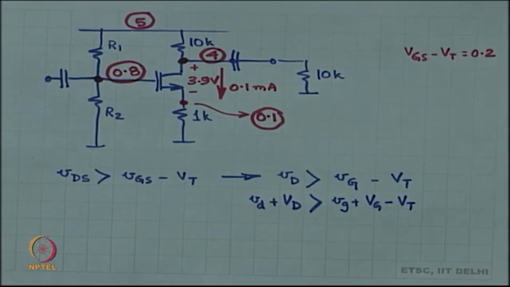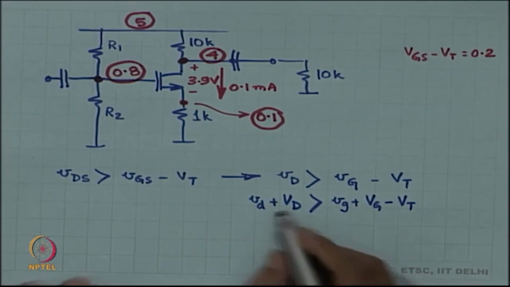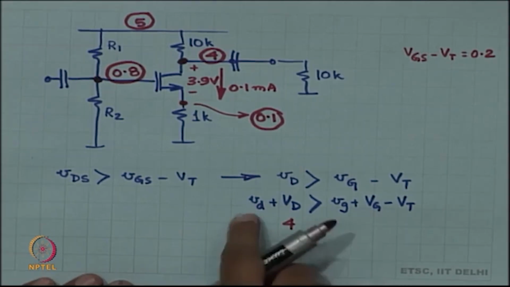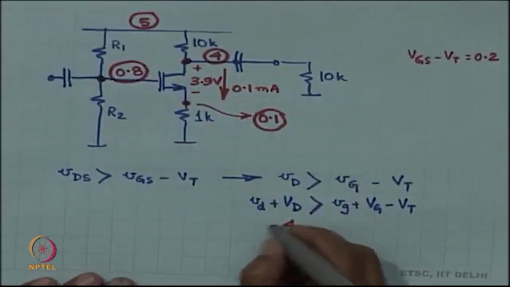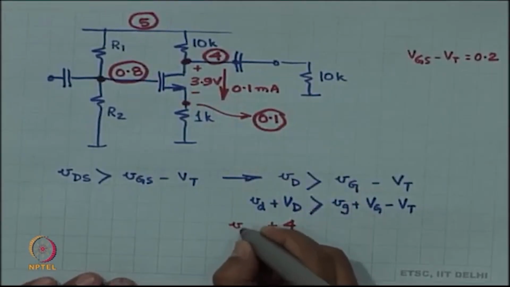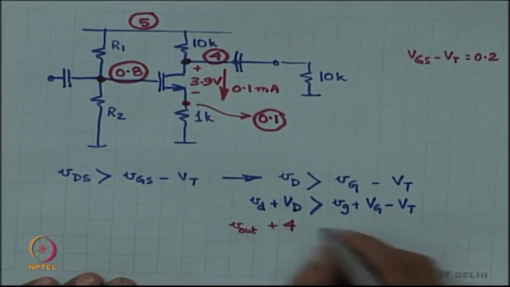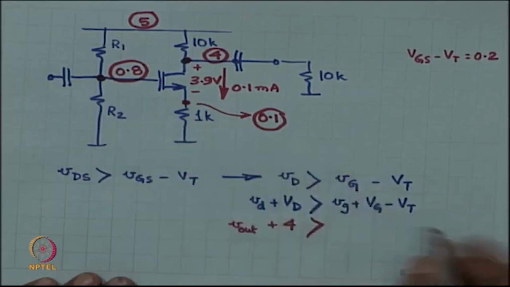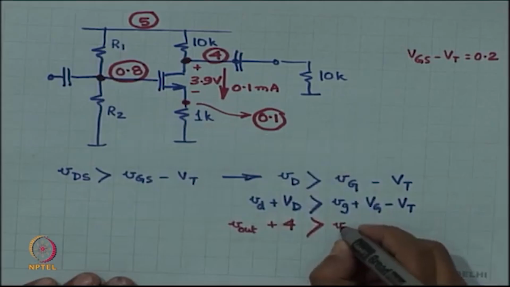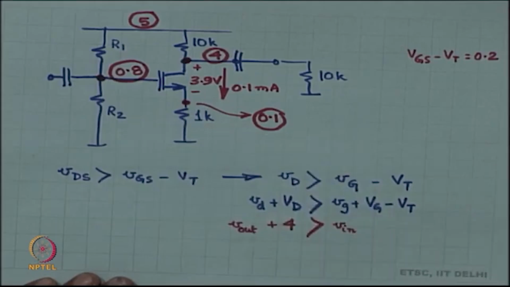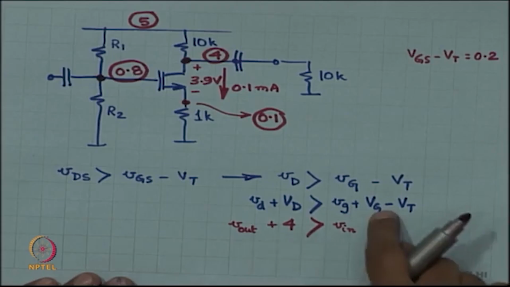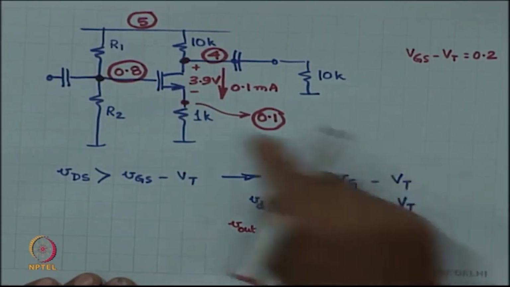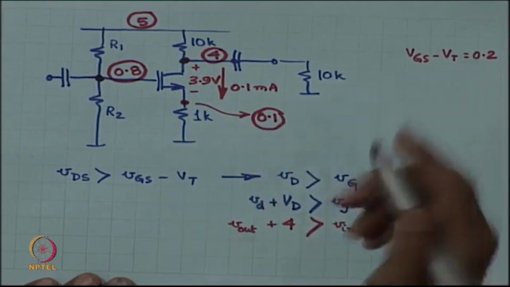So far so good. How much is capital VD? This is 4. Small vd is nothing but V out. This has to be more than small vg, which is nothing but V in. Capital VG is 0.8 and VT is 0.5.